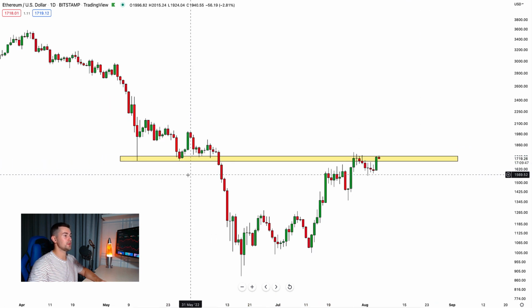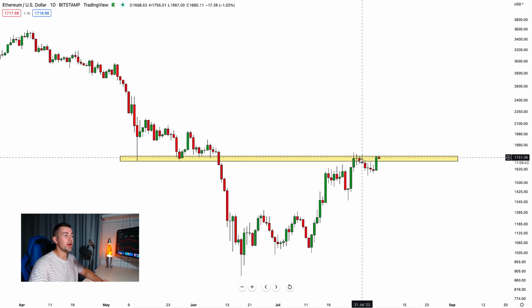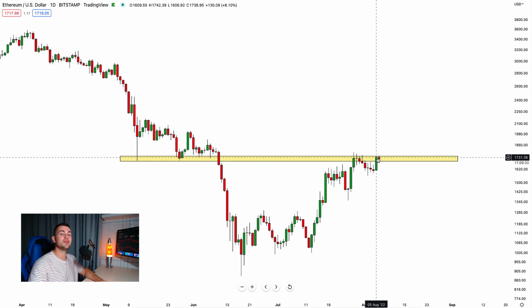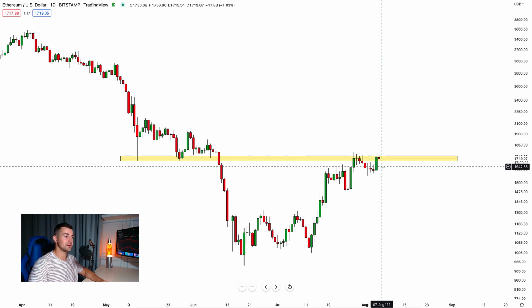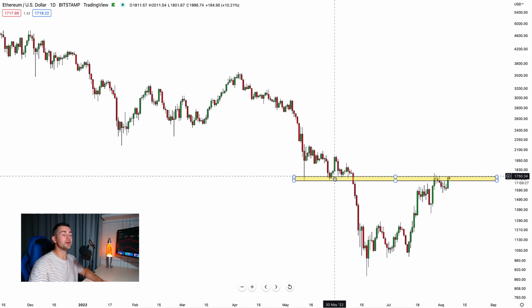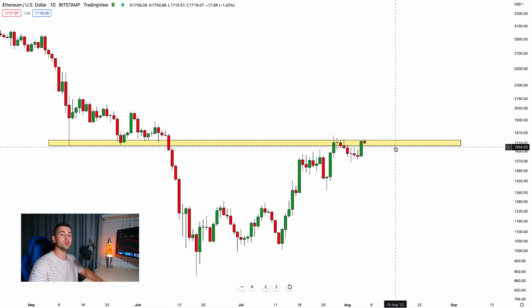Yes, you can see that at the moment the market is approaching that key structure, and for now you can see that the price didn't manage to violate it to the upside. We formed a very nice doji candle and retraced from that, and now we see the second test of that structure. And because the market is globally trading in a bearish trend, I would suggest trying to short that resistance.